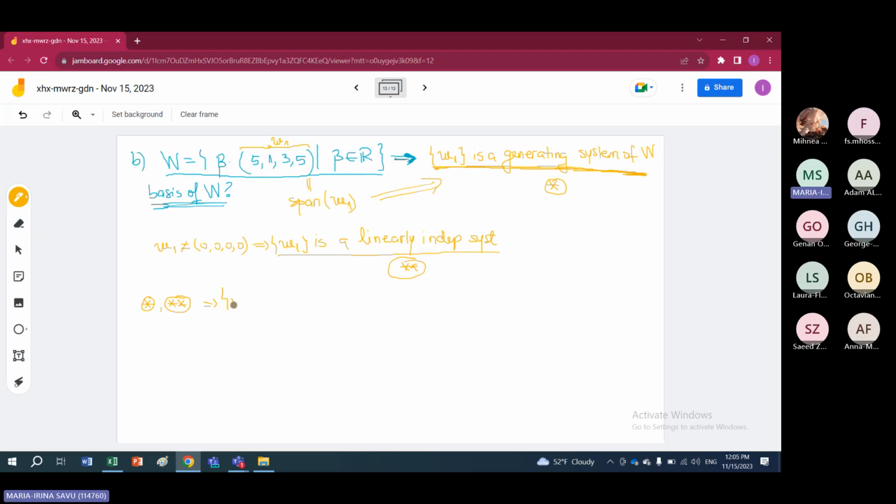So it means that the dimension of W over R is 1, because you have just one vector in the basis.